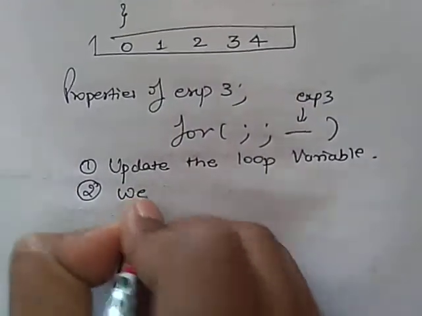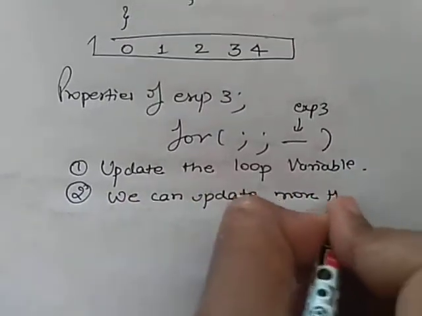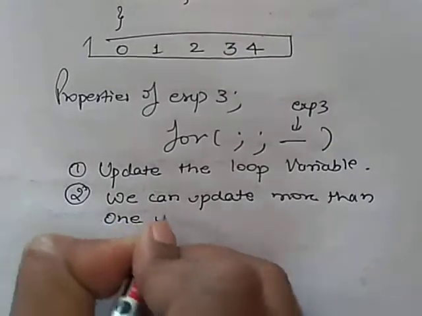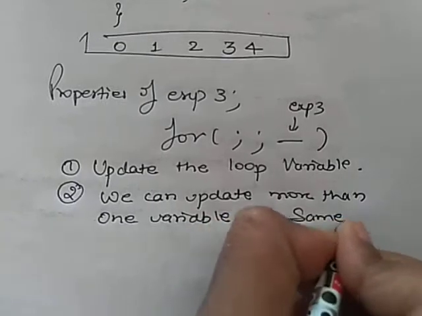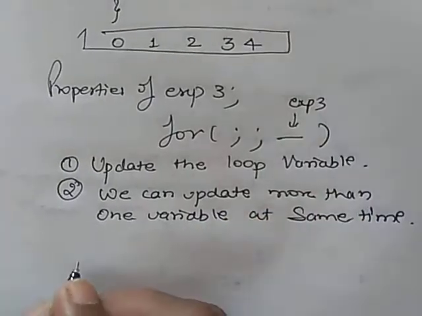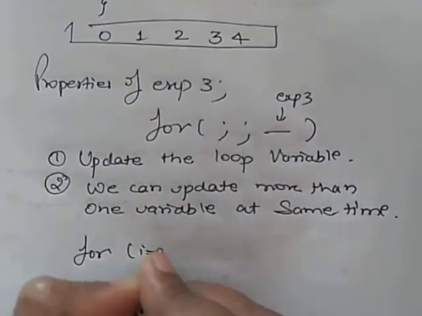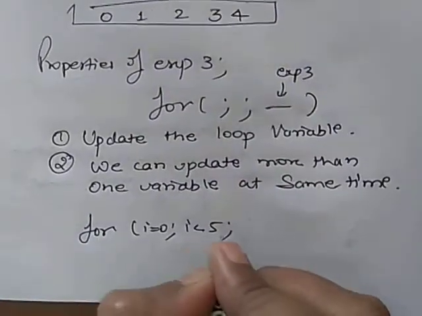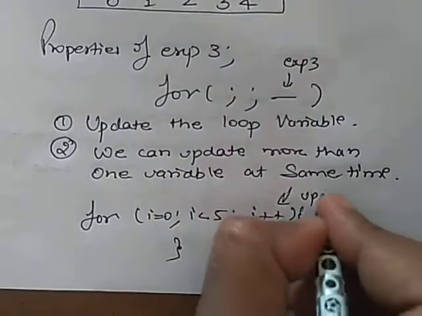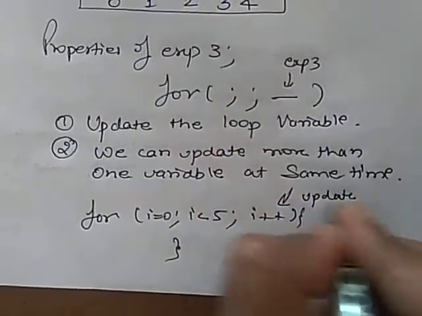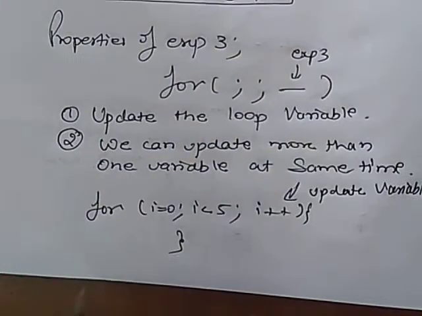Now we can update more than one variable at the same time. For example, for i equal to 0, i less than 5, i plus plus. So this is the update expression. It is updating the value of the variable used here, that is i equal to 0.